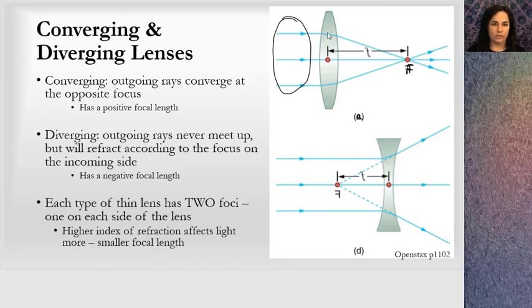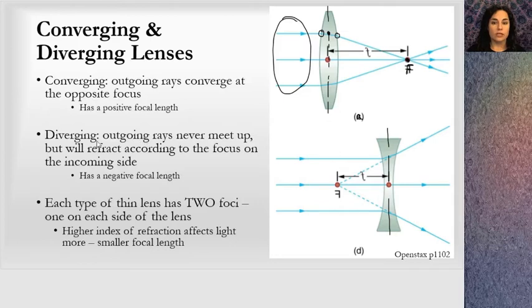The light comes, hits halfway through the lens, and I recommend that wherever you see a lens, just draw a line halfway through. At that point, instead of having the light refracting at two different surfaces, just redirect it at the middle of that lens. So we can see light comes in, gets redirected by the lens, and all light coming in parallel for a converging lens focuses, it converges at that focus.